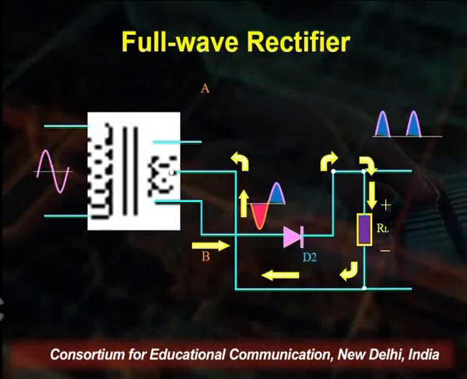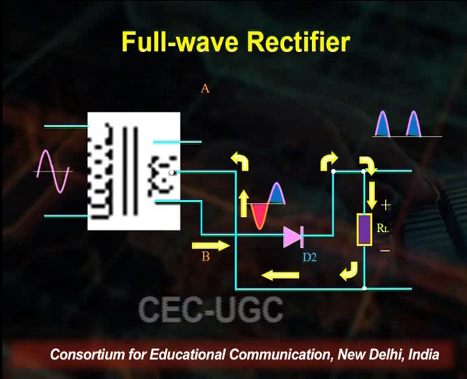Now during the next half, the end A gets the negative half while B gets the positive half. Again here you see, we will get the lower part as the output as a positive half. Now D2 gets forward biased and starts conducting, while D1 gets reverse biased and stops conducting.